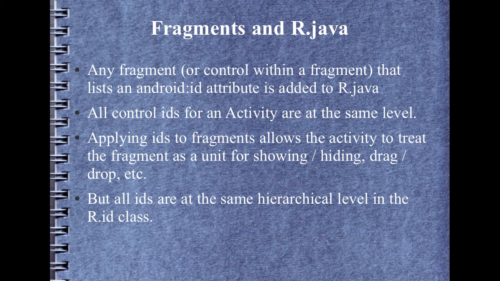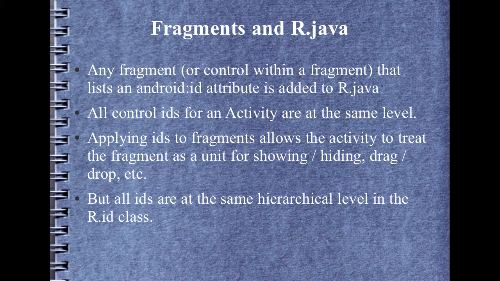We don't have to say, okay, give me the fragment ID, okay, now give me the ID for this control within that fragment. This means that the IDs within fragments should be unique because we don't have a hierarchical way to drill down within our fragments.